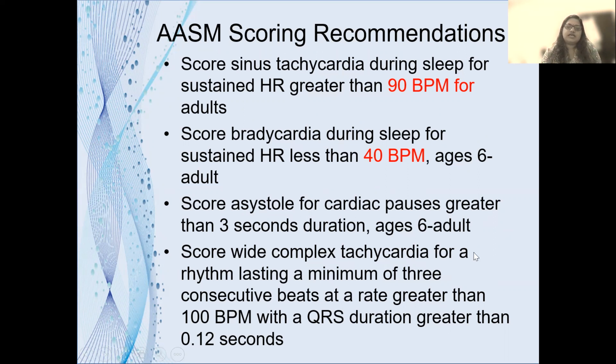Wide complex tachycardia is a rhythm lasting a minimum of 3 consecutive beats at a rate greater than 100 beats per minute with a QRS duration greater than 0.12 seconds. So wide complex tachycardia is scored when the heart rate is more than 100 beats per minute for 3 consecutive beats.